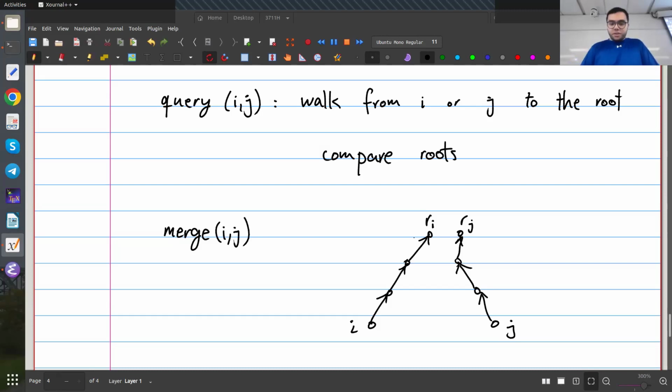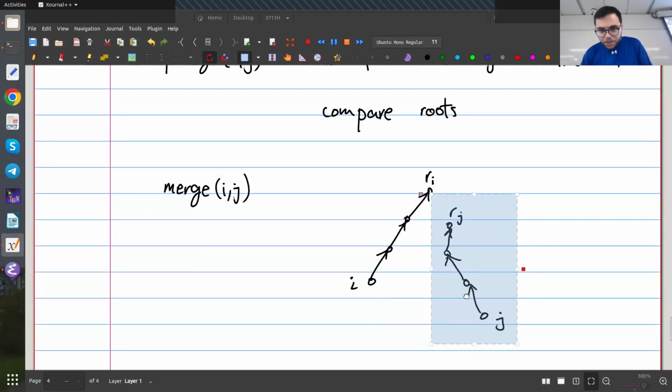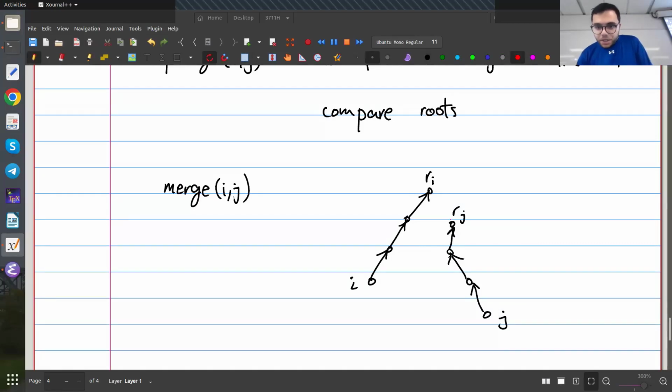So I can just say this Rj becomes the child of Ri. Or actually, I can move it around. So let me put it here. And then I add this new edge. So I just make Rj a child of Ri.